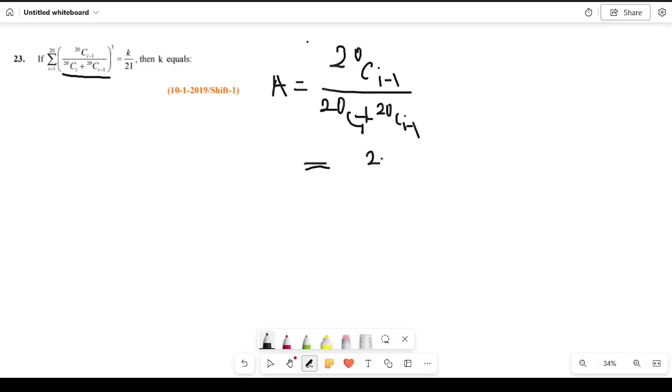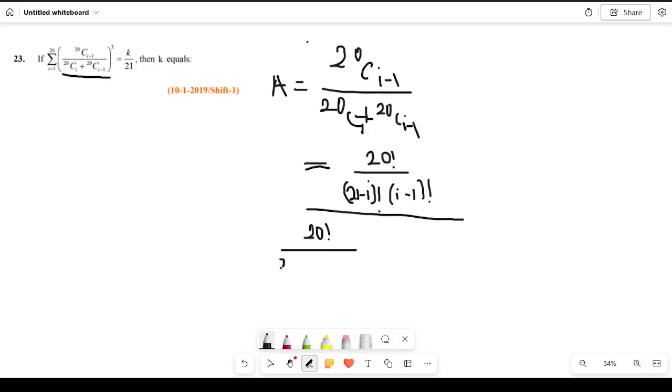So we know how to represent this. It is 20 factorial upon (20 minus (i minus 1)), that will be 21 minus i, factorial, times (i minus 1) factorial, upon again 20 factorial upon (20 minus i) factorial times i factorial, plus 20 factorial upon, this is again the same term, 20Ci-1.